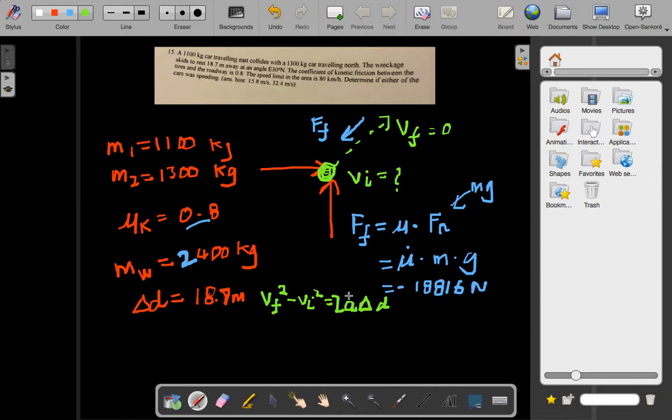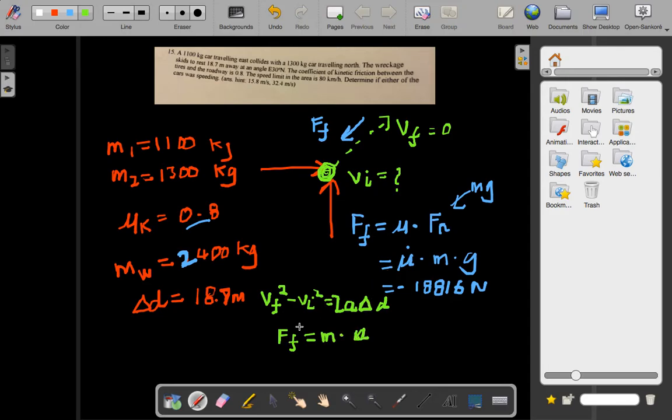Although we haven't determined the deceleration of the wreckage yet, we can easily determine that. We know the force of friction and the mass of the wreckage, and by Newton's law, force equals mass times acceleration.